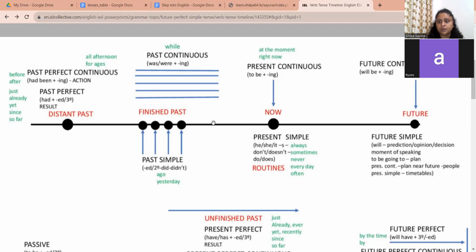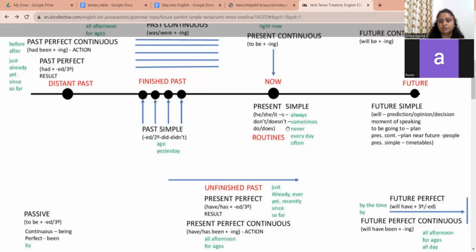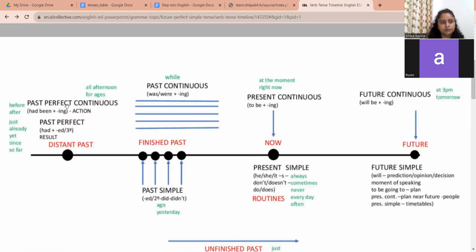So if you can write this down, because this is a very important timeline explanation, the best timeline explanation that I can ever share with you. There you can write these signal words and also some tense formation, how they are formed, the verb formation.